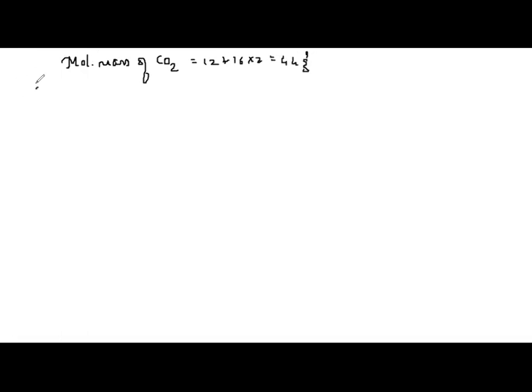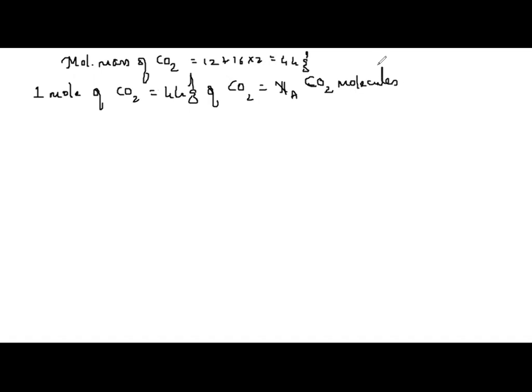Correct. So I can say 1 mole of carbon dioxide is equal to 44 grams of carbon dioxide, that is equal to Avogadro number of carbon dioxide molecules. Is that right? So this is a known concept to us.